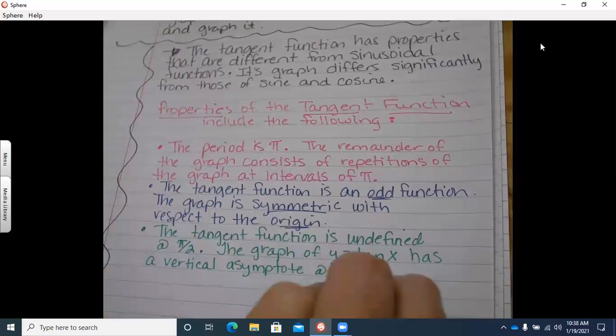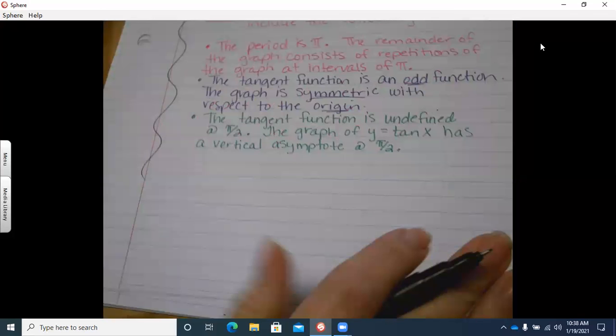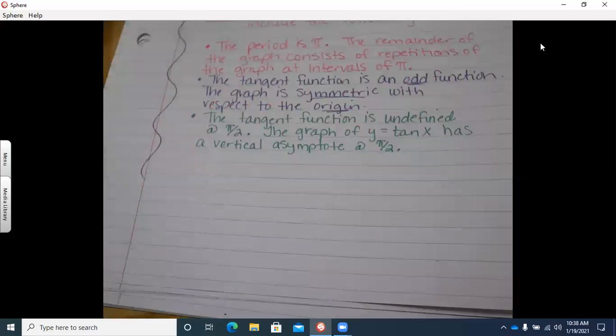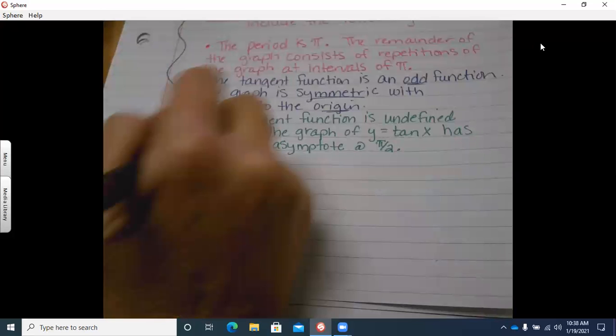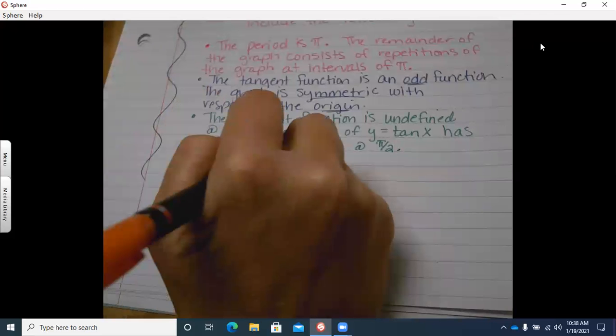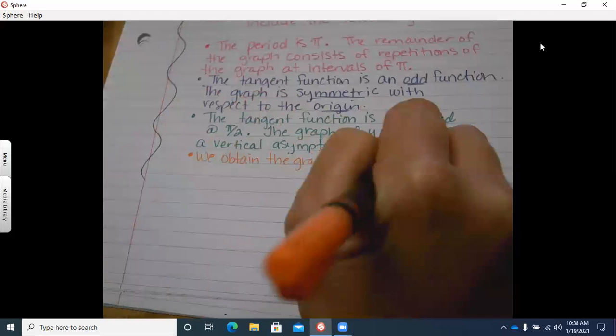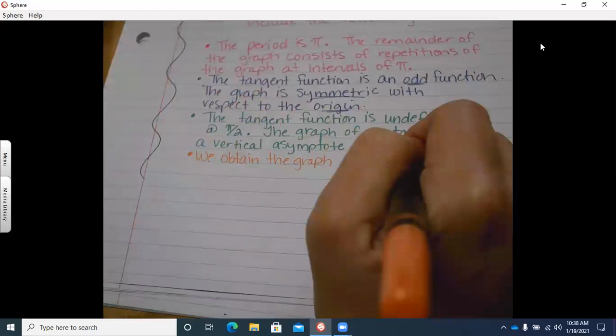And remember, an asymptote is kind of like an invisible line on your graph that your graph approaches, but it does not intersect. One more thing to write. We obtain a graph of y equals tangent of x using some key points on the graph and origin symmetry.